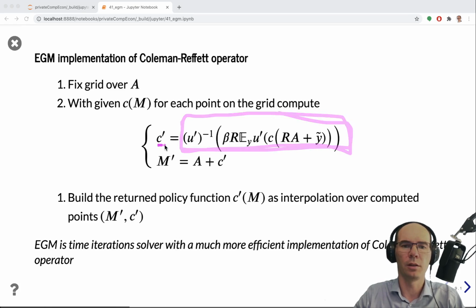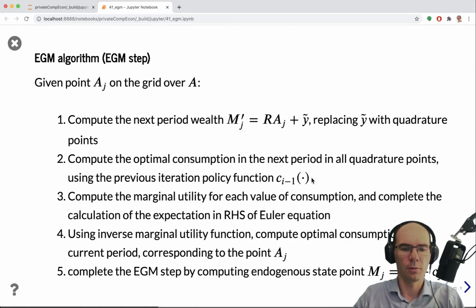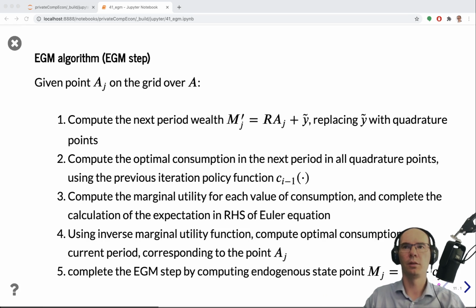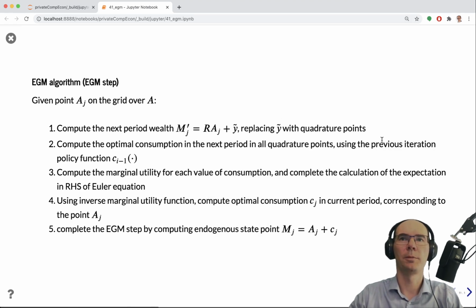And this is going to give us the c_j, the current period consumption that corresponds to a particular point on the grid of A. All right, and now finally just put together the computed c_j and the point a_j to get the m_j, the point in the state space that corresponds to the point on the grid over A and corresponds to the computed optimal consumption. Oh, this is not very visible. There we are.